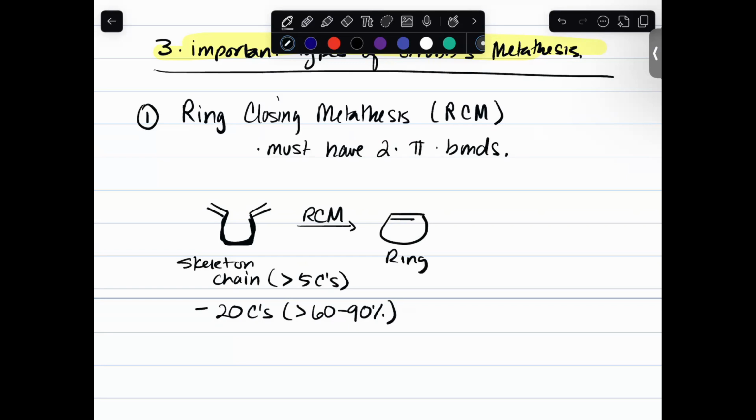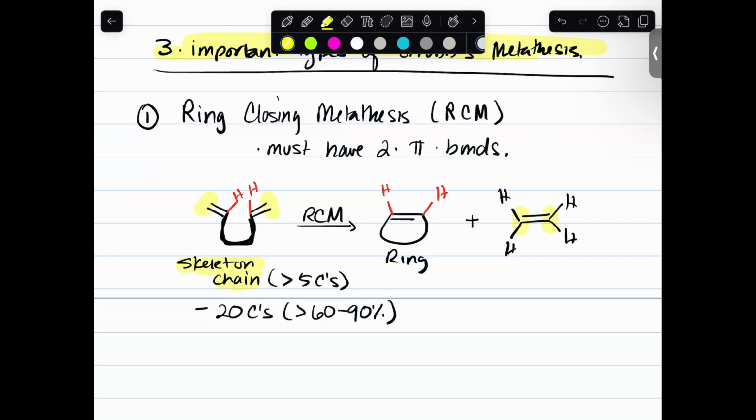Now, a couple of things that you should note when it comes to this ring. When you form your ring, you have a pi bond in your ring. You've got a double bond in your ring. You also form a byproduct, and your byproduct is an alkene. And the alkene is always the two ends of your skeleton chain.